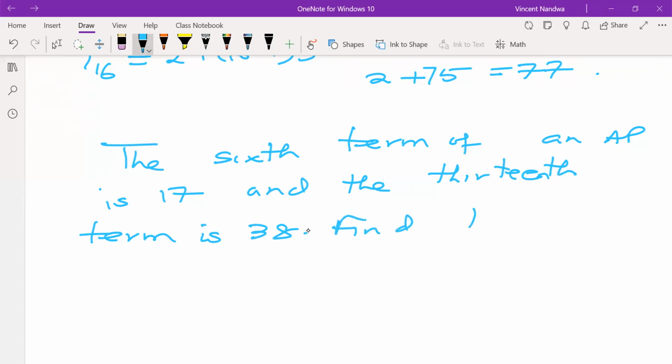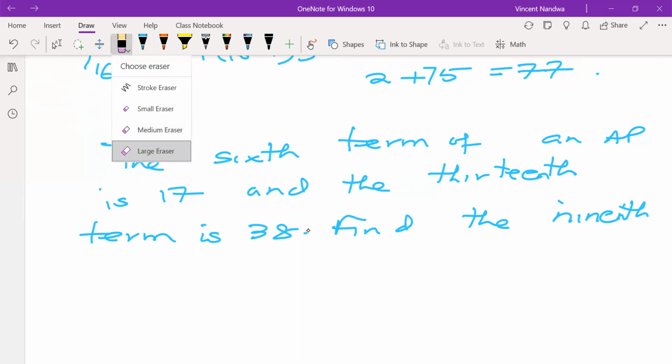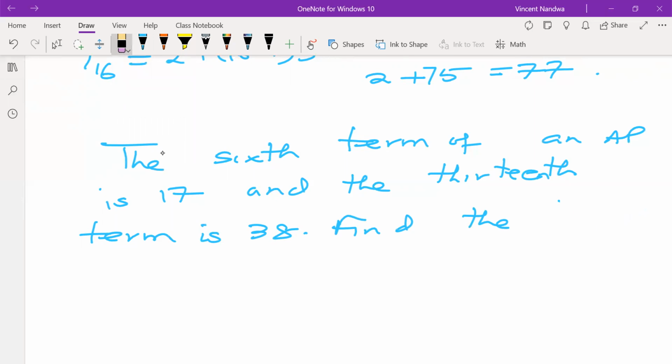Find the 19th term. So find the 19th term of this given sequence.